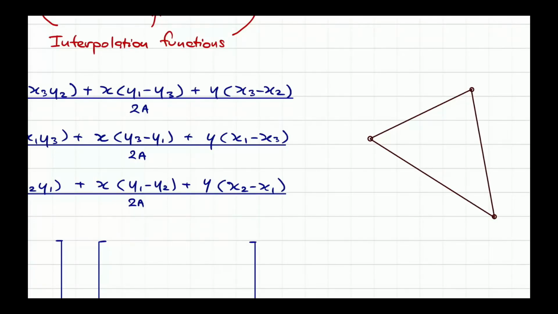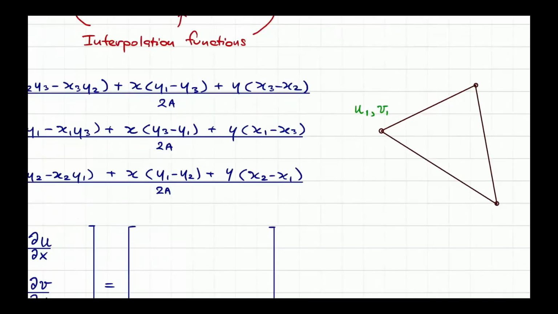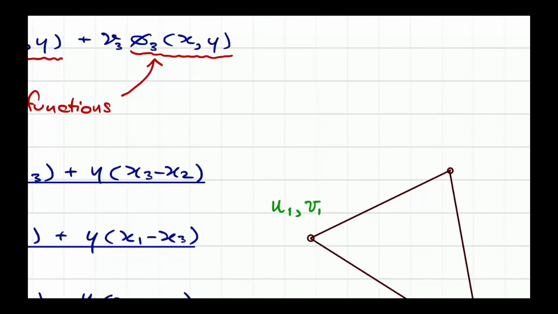At each point for the plane problem, you have u1, v1, u2, and v2. You have 2 displacement degrees of freedom at each point.